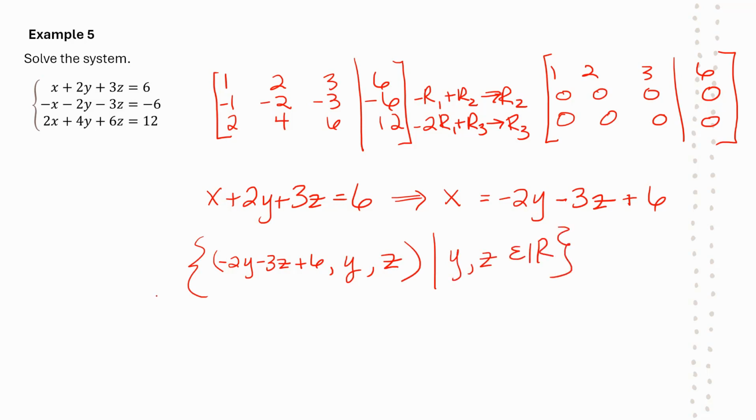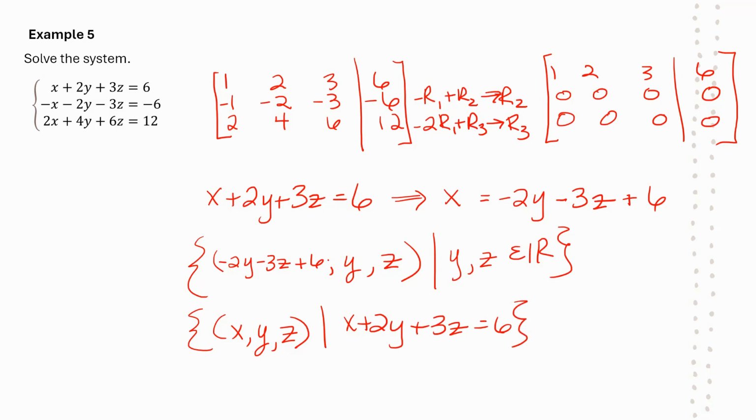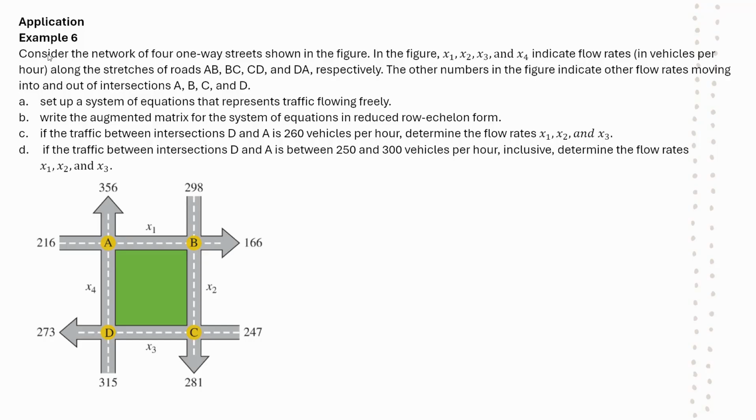Another way you could write it would just be to write (x, y, z) such that x plus 2y plus 3z equals 6. But you could also write this with y being in terms of x and z, or z being in terms of x and y. Okay, so this is an application about dependent systems.